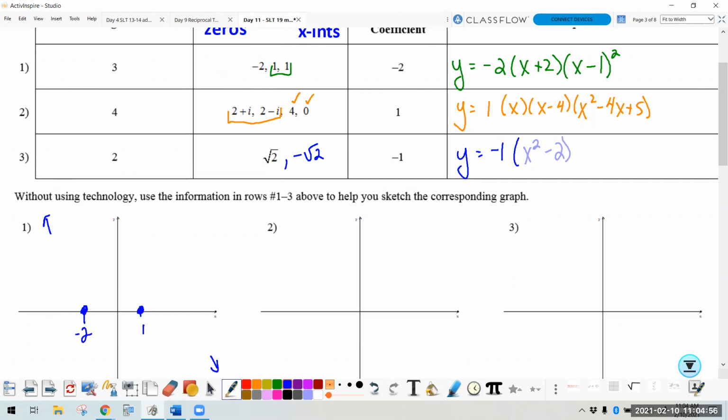And then the -2 is that single root from this factor. So we go straight through. And then since x minus 1 has a multiplicity of 2, or it's a double 0, we're going to be tangent at 1.